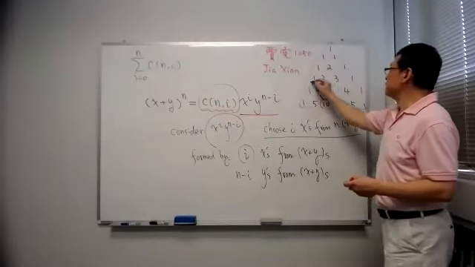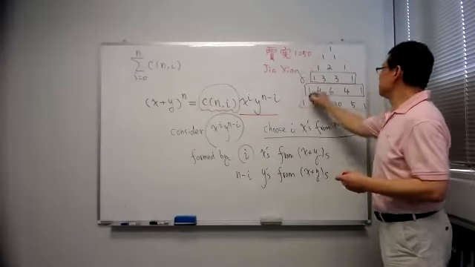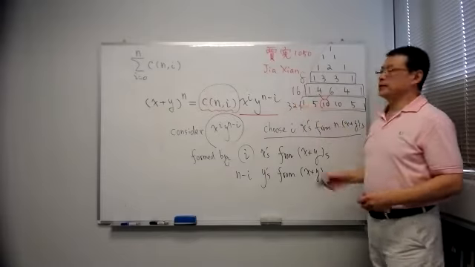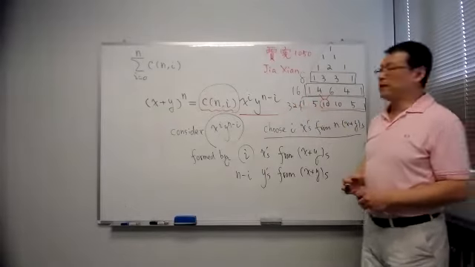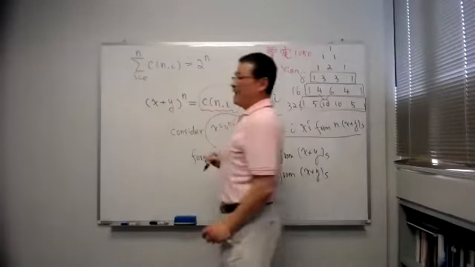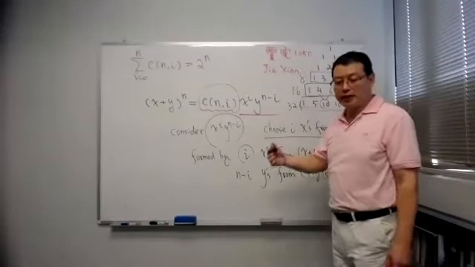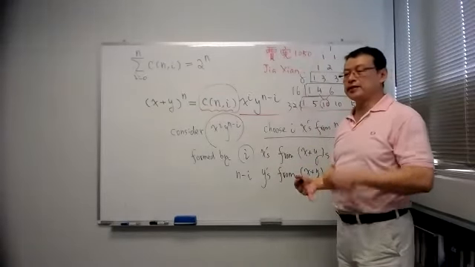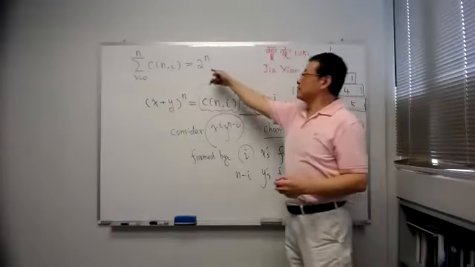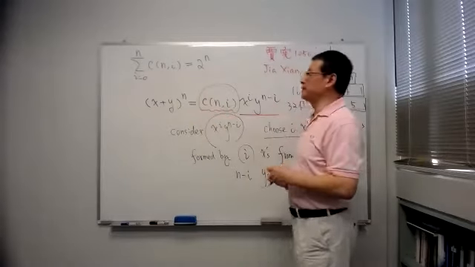If we sum them up, this one gives us 8, this one gives us 16, this will give us 32. What is the summation? The summation is exactly 2 to the power n. It's the total number of different subsets: subsets of size 0, size 1, size 2, and so on. That enumerates all possible subsets of different sizes.